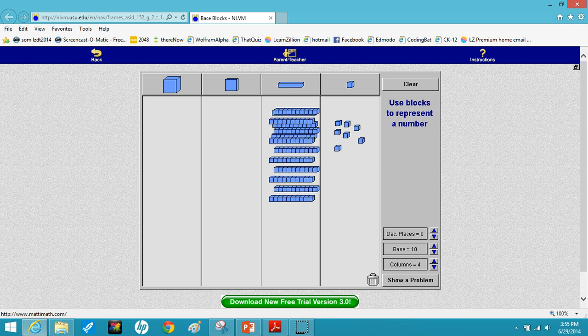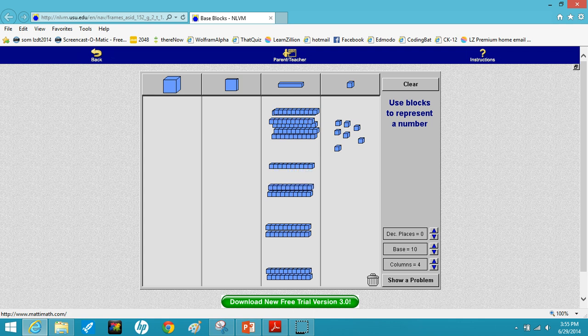Now we're trying to divide this into 4 equal groups. So there's 1, 2, 3. We'll put the 4th one up here. And then we have 1, 2, 3, 4.